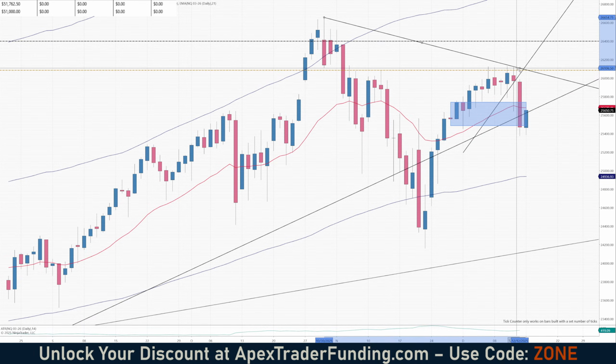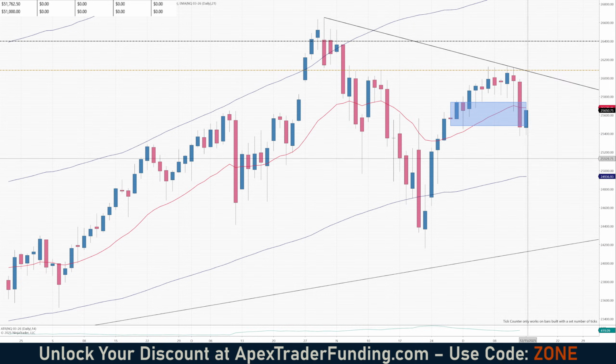I will be drawing this resistance line like this. Delete that. Delete that. And currently we've had a ton of buying since last night. We are meeting the 21 EMA right now, or we're going to bump up against it.